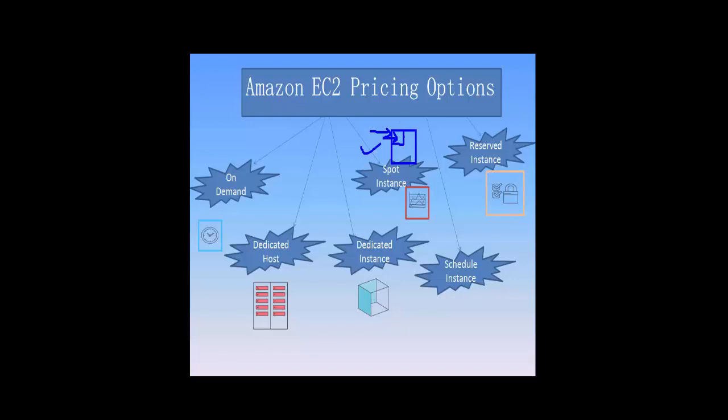But the problem is that Amazon can terminate it anytime with only a 2-minute notice period. When AWS sees that it requires more free resources for other users who are paying better, Amazon can take the spot instance back from you immediately with a 2-minute notice. AWS wants to earn money from the free resources, which is why it gives this offer.